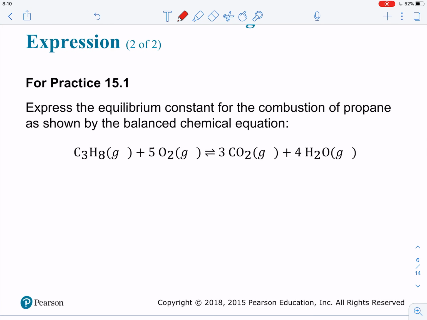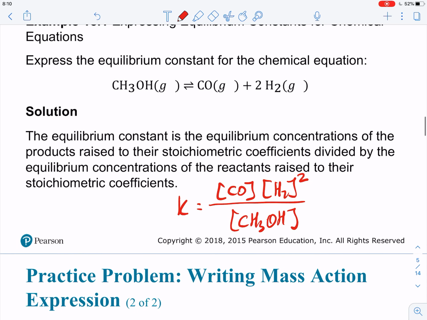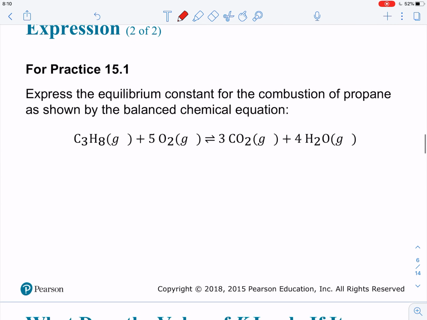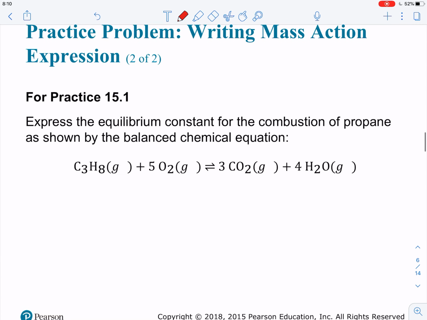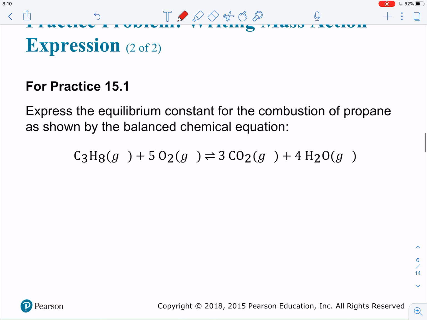One more. We have this reaction, the combustion of propane, which is pretty much the same or very similar. Actually, never mind, it's not similar. This is another reaction, but again, it's a constant. We are going to write the equilibrium constant for this particular reaction. The only thing that we have to follow, you're going to have a ratio here.